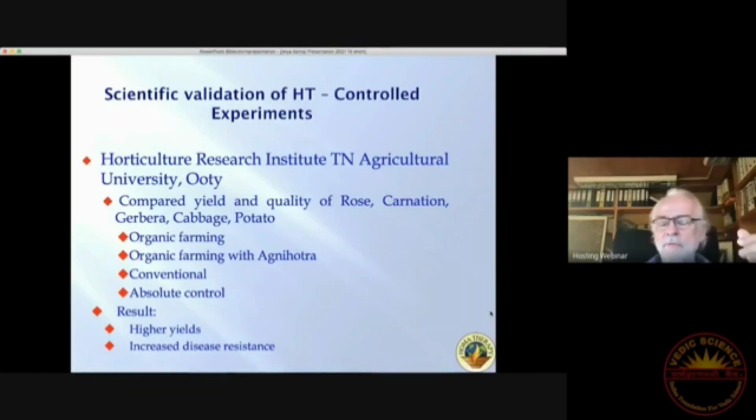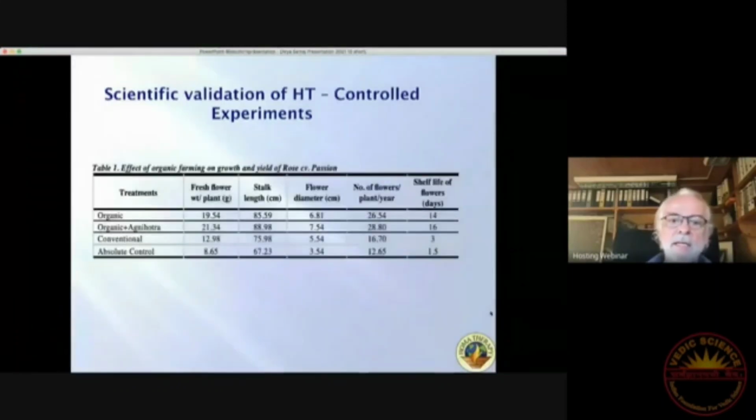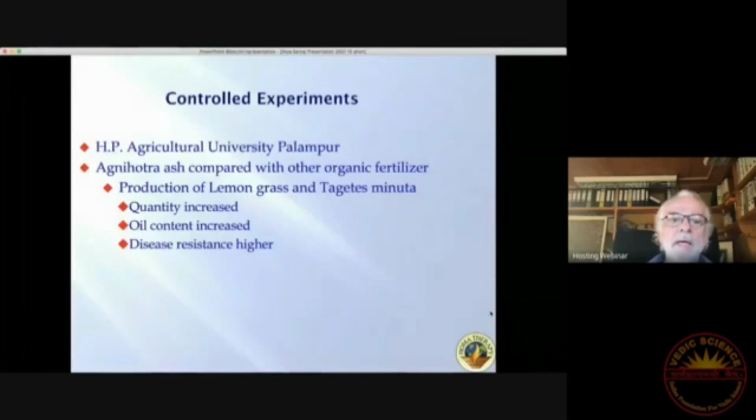The result was already shown by Dr. Sevamurthy, and they show that there's higher yields and increased disease resistance. Here you see the slide.